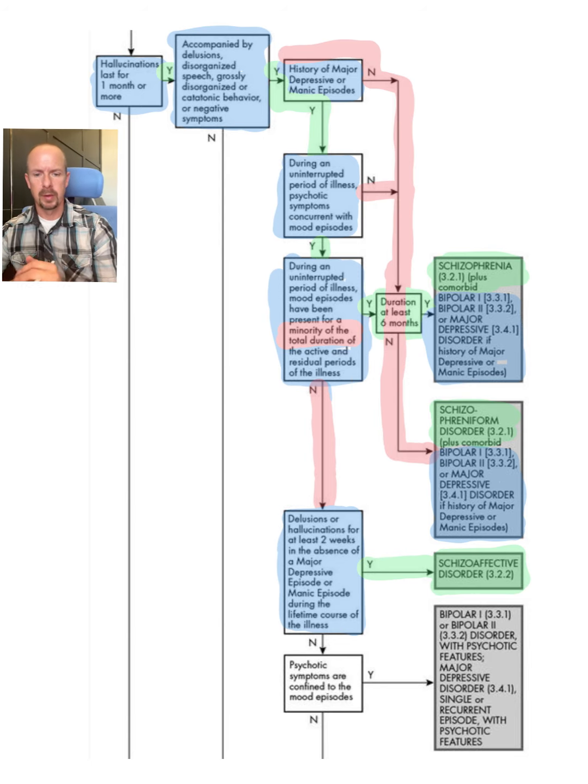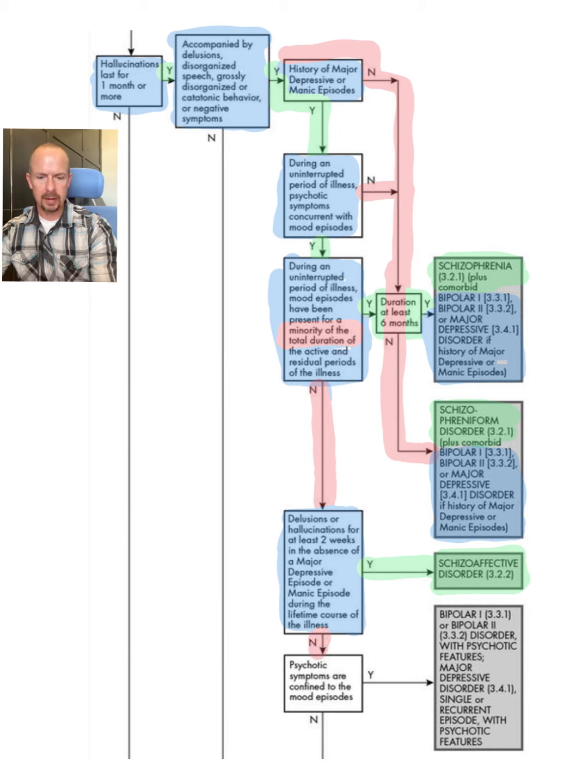It's where they've had periods of time with active hallucinations and delusions and, for a period of time, concurrent mood episodes. However, they also have had periods where there have been no mood episodes, and yet they continue. There's been at least 2 weeks where the mood episodes have gone away and yet the delusions and hallucinations have continued, and that would be schizoaffective disorder.